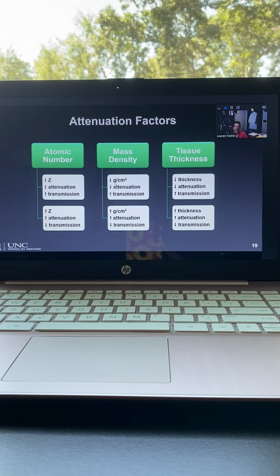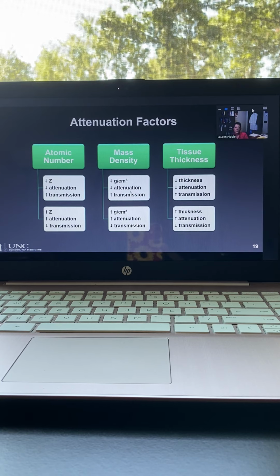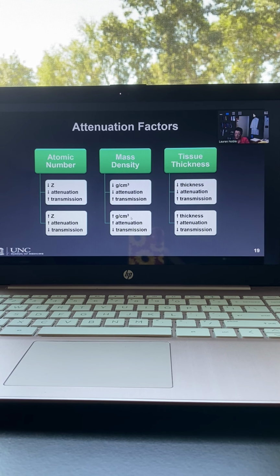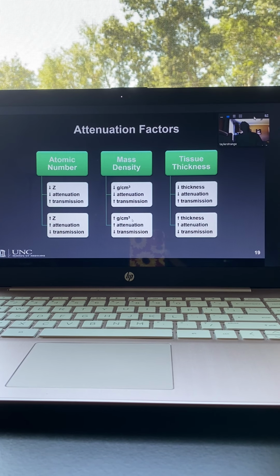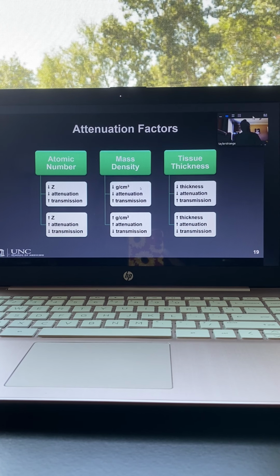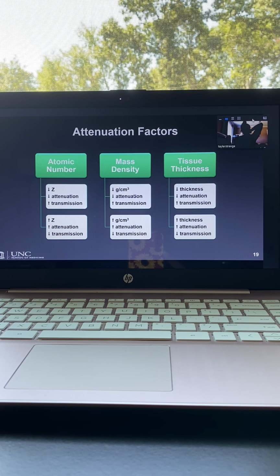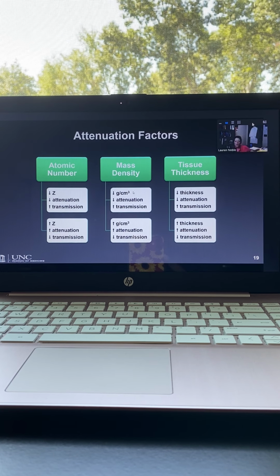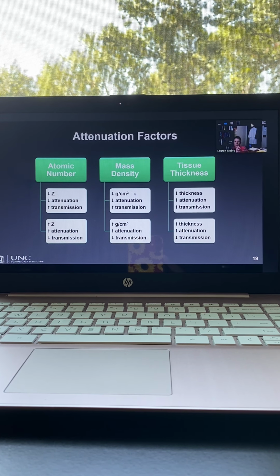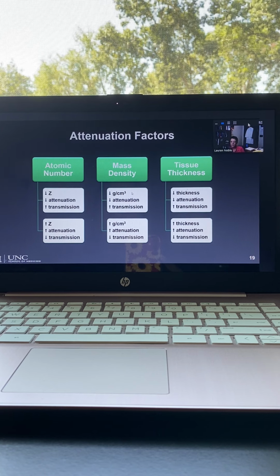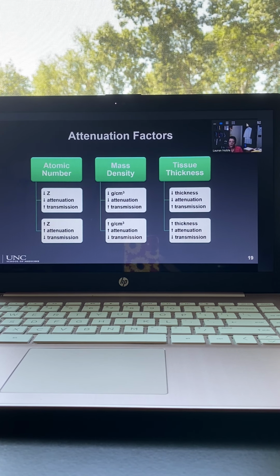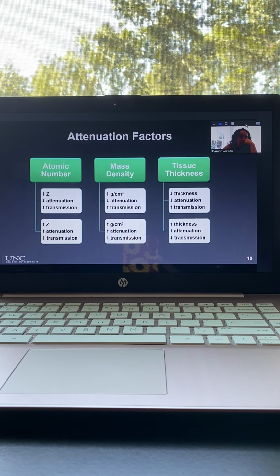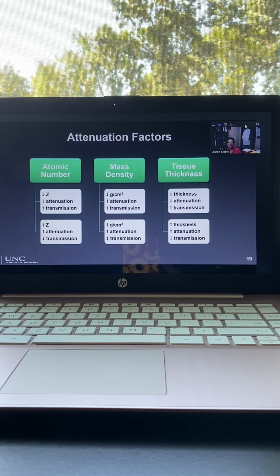Atoms aren't tightly packed compared to atoms being tightly packed. And the attenuation has a less likely chance to interact with the electrons when they're spread out further. Right, because we don't have as many electrons in a given area, right? Like trying to get through a crowd of people. Exactly.